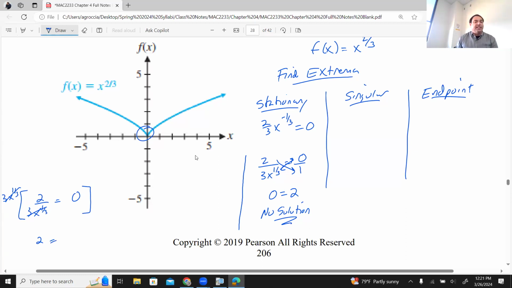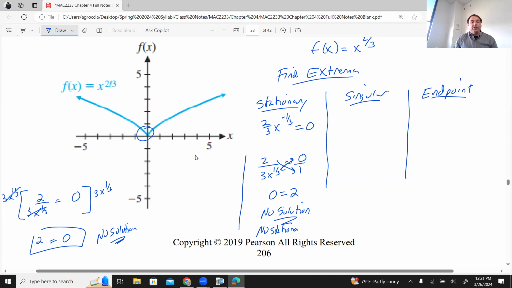But I got to do it to the other side. 3x to the 1/3 times 0 is 0. You get the same answer by clearing the fractions, and 2 does not equal 0. Therefore, you have no solution, which bottom line means there's no stationary.